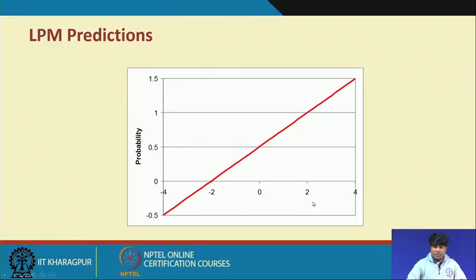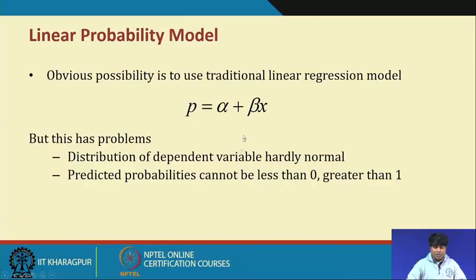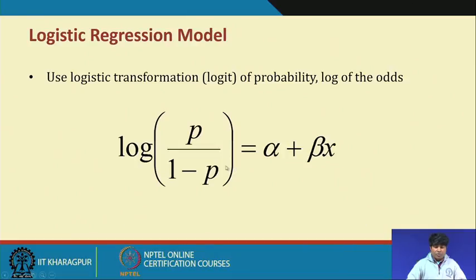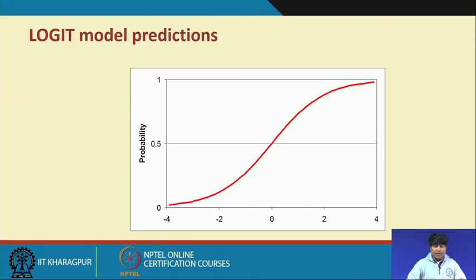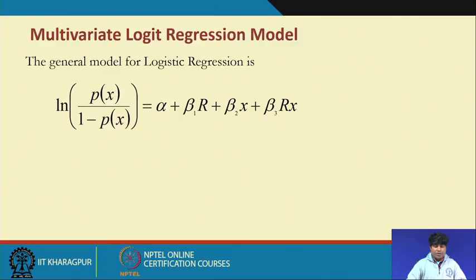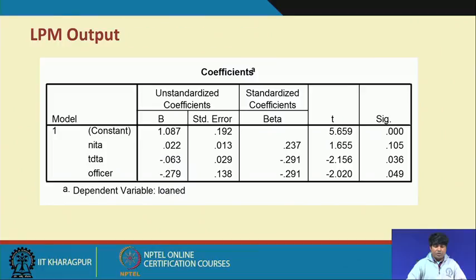In the case of the linear probability model, this is your modeling structure, which we have already tested. But in the case of logit, our right hand transformation will be the log of the odds ratio, that is p by 1 minus p, and in the case of the probit model, we need the Z transformation.